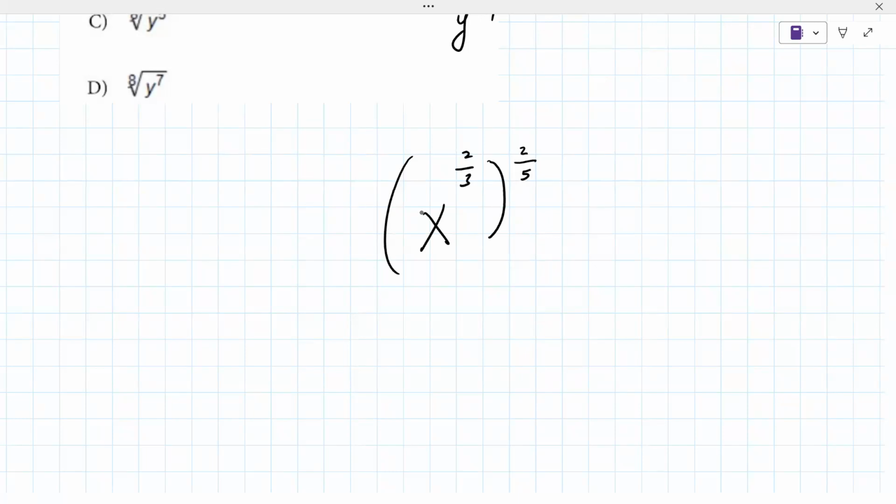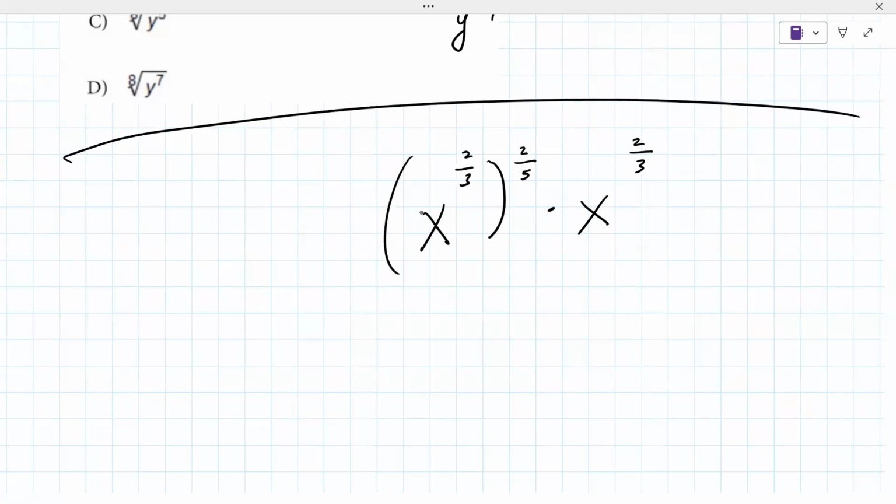And then let's go times x to the 2/3 power. Let's try that. So this is kind of like the last one, just a different way of presenting it to see if I can handle the exponent stuff again.